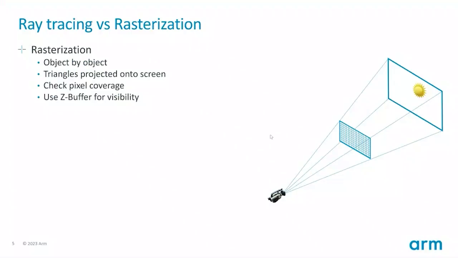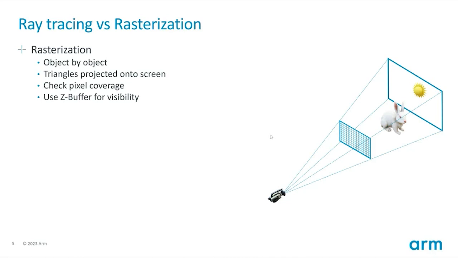So as I said, I'm going to start by introducing ray tracing and how it compares to traditional rasterization. In a typical scenario, you will have something like this, a light, a camera, and a 3D frustum containing the scene that we are rendering. And we will be issuing draw calls object by object.